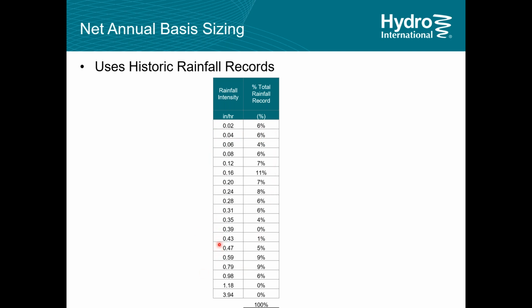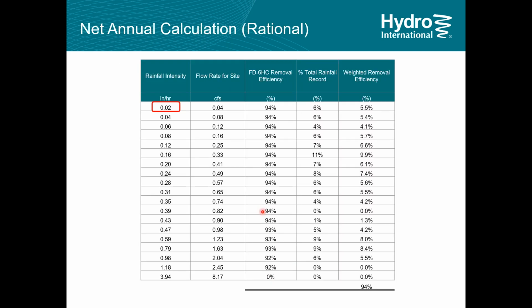And somewhere around about, we see here about 1/2 inch per hour, or a little over, getting close to 1 inch per hour, we start to run out of rainfall. We've actually accounted for almost 100% of the total rainfall coming down in that record. So we break it up into this. Now we can take this table and put it into our sizing tool and just use the rational method now.